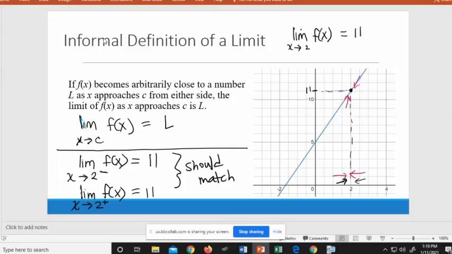What do you write if it doesn't exist? Typically, we'll write DNE for does not exist. Okay. That's right, but now you may still be asked to find a left or right-hand sided limit. Okay, and that's fine. Go ahead and answer those questions. But overall, DNE.